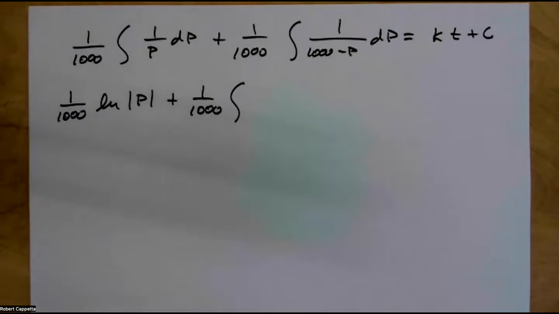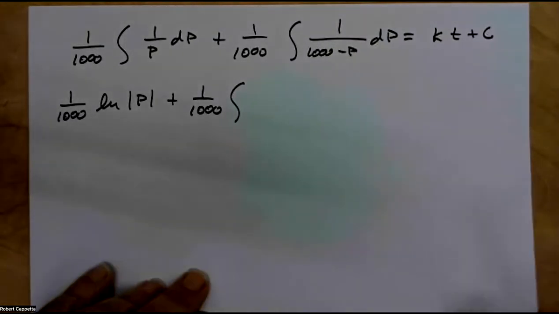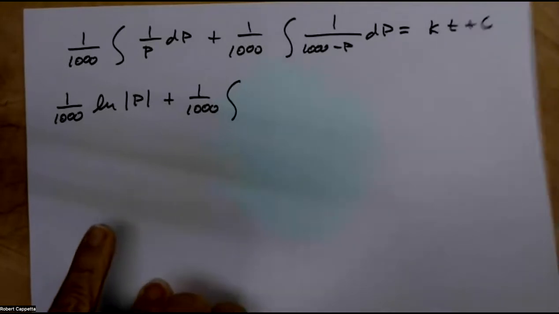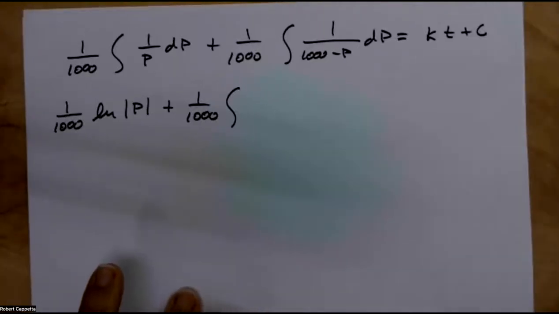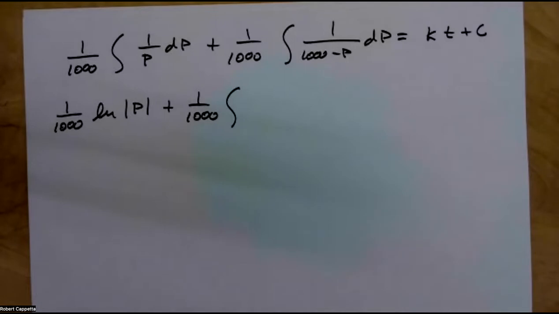What are we going to get for this? Integral of 1 over (1,000 minus P) dP. Let's go ahead and do a u substitution quickly.